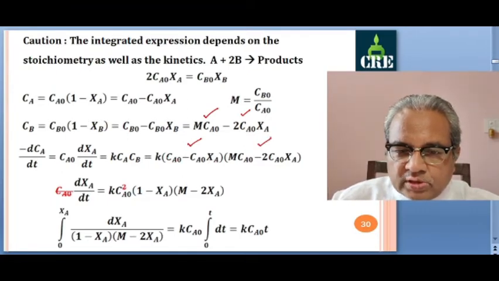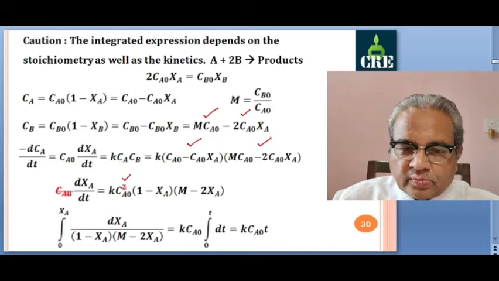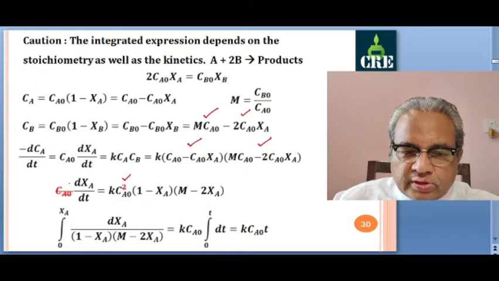CA0 is taken out from each bracket, so CA0 squared is taken out from these two brackets. What is left? 1 minus XA and m minus 2XA. We have CA0 on this side, which cancels out with the square term, so we are left with only one CA0 term here.